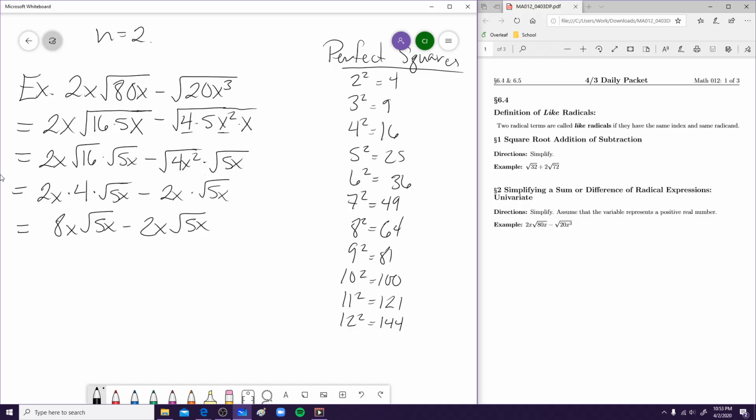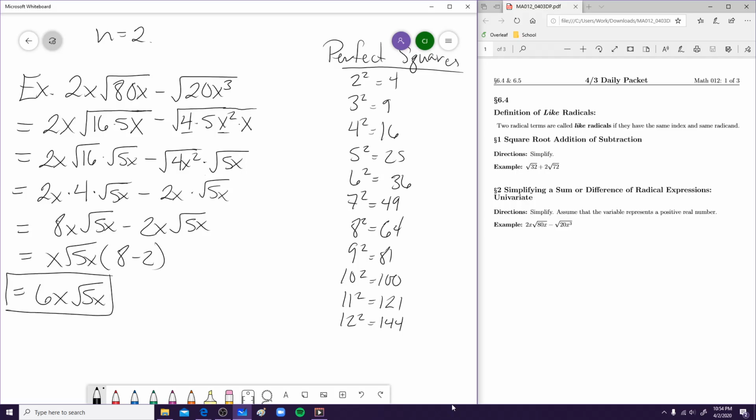I look over here, and they both have this, so these are like radicals because it's the square root of 5x. But in this case, we also have x. Because both of these have the square root of 5x in common, we can take that out, and I'll be left with 8 minus 2. And this will give us 6x times the square root of 5x.